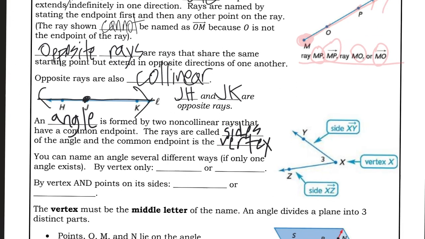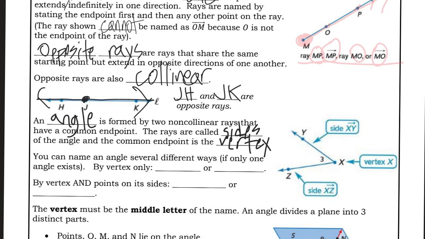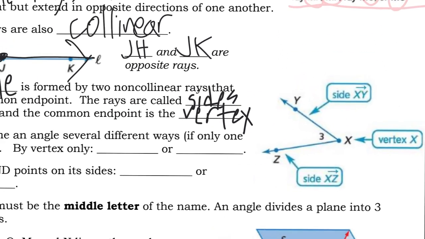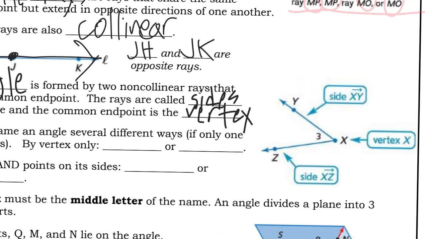You can name any angle in several different ways, if only one angle exists. So we can call this angle right here multiple names. If you were to say vertex only, meaning you can name an angle just by that vertex point, I'm just going to draw the angle symbol. It looks kind of like a less than symbol, but it's supposed to be flatter, but I don't have the best handwriting.